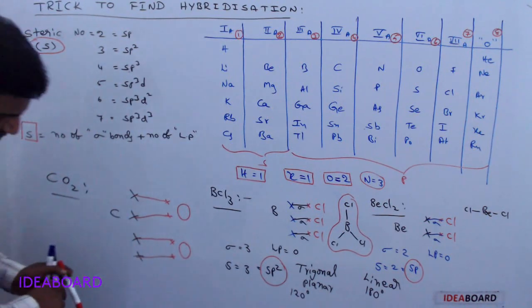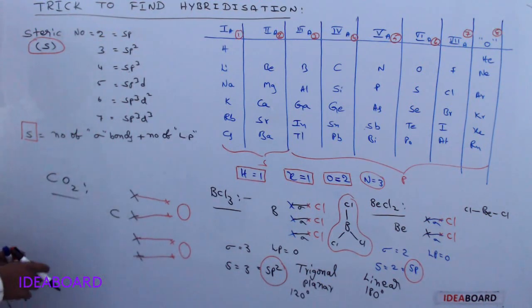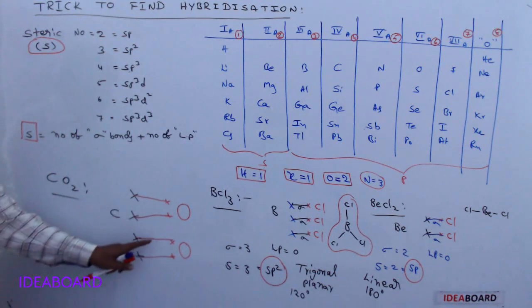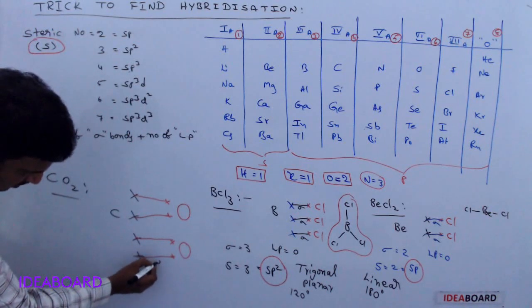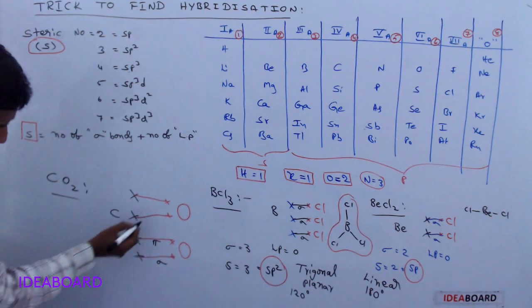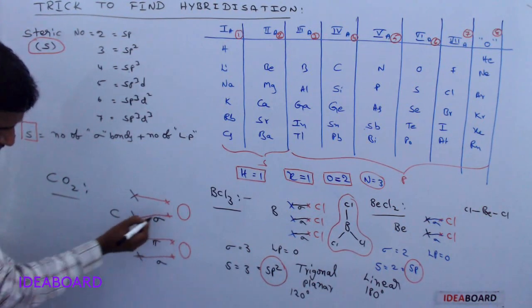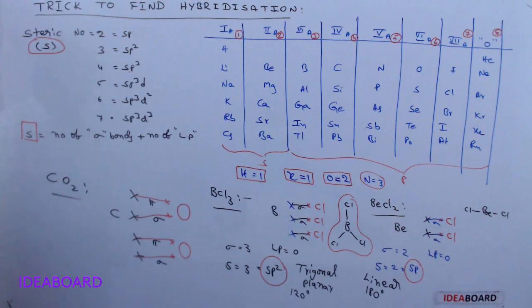So please remember, for each oxygen how many bonds do we have? One double bond is there. In a double bond, I said already, if there is a single bond, it is always a sigma bond. If there is a double bond, one is sigma, and the other one is a pi bond. And in this one also, this is a double bond, one is sigma, another one is pi bond.